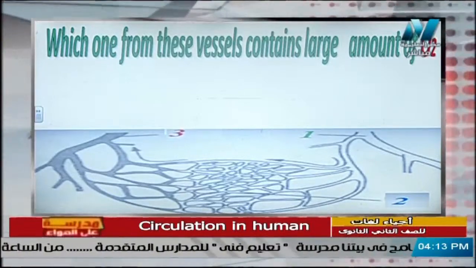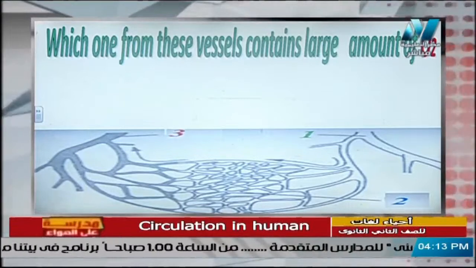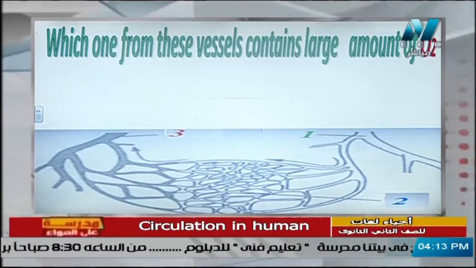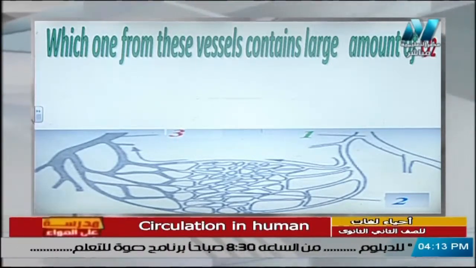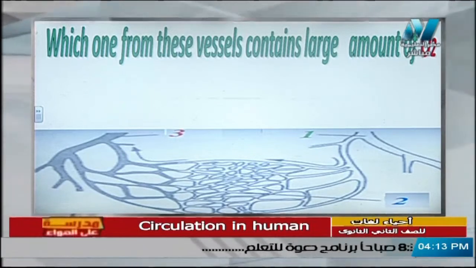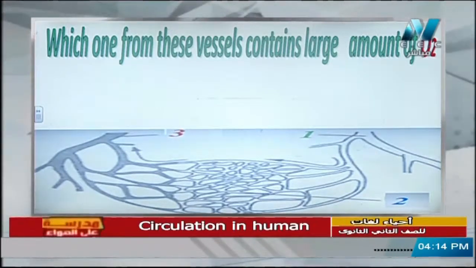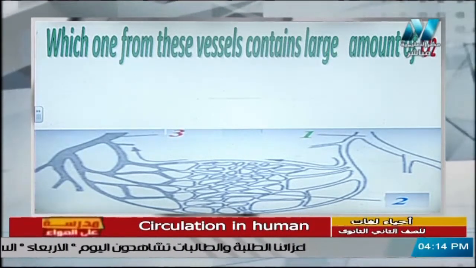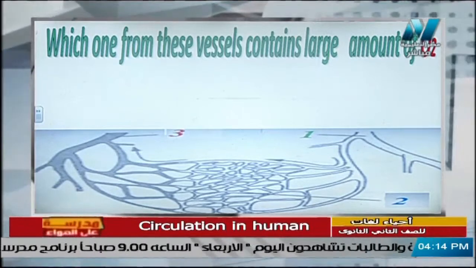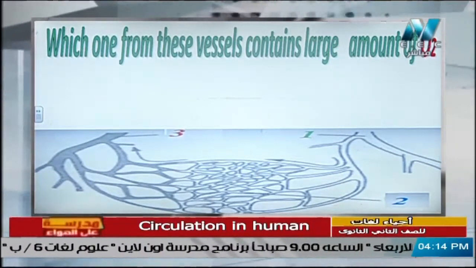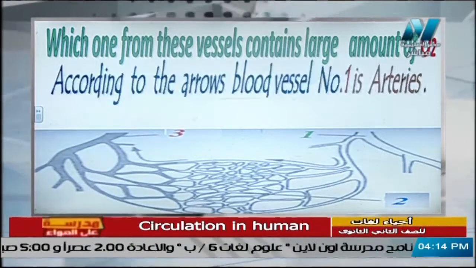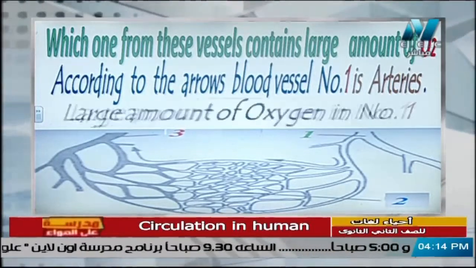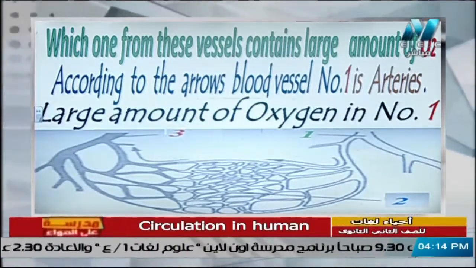We know all arteries carry oxygenated blood except the pulmonary artery, which carries deoxygenated blood, and all veins carry deoxygenated blood except the pulmonary vein, which carries oxygenated blood. So which one contains a large amount of oxygen? The answer, according to the arrows, is that blood vessel number 1 is an artery, so the large amount of oxygen is in number 1.